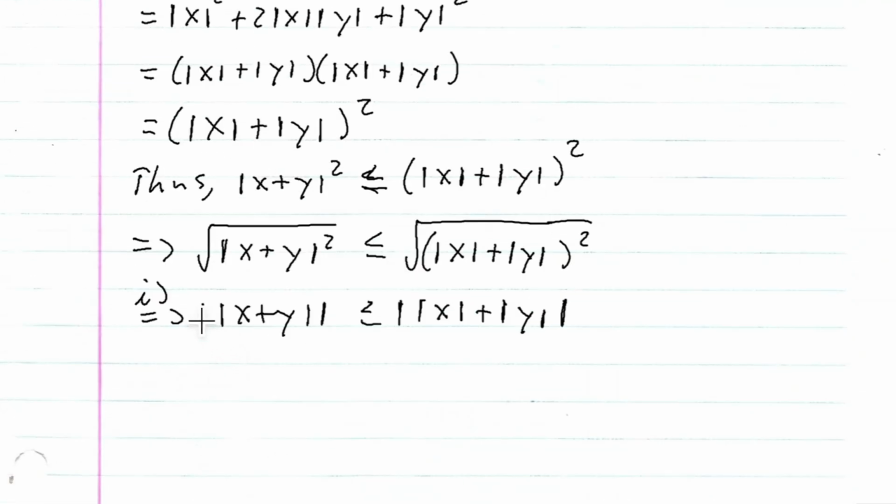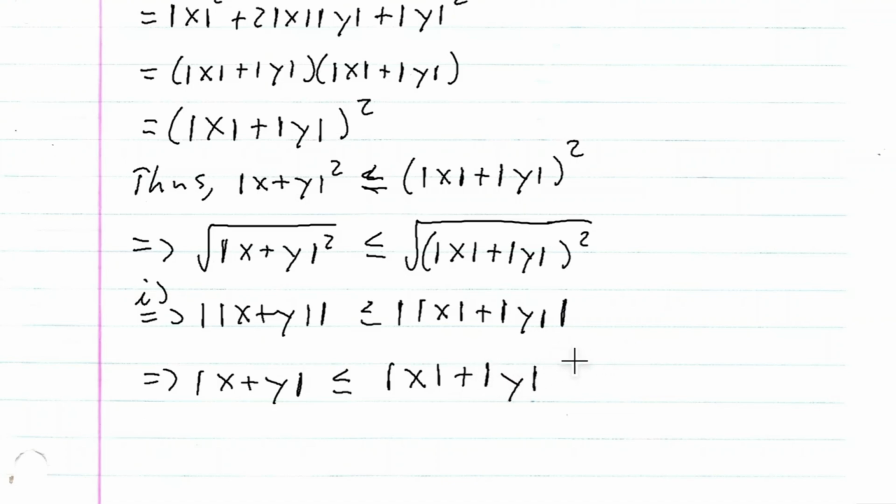The absolute value of the absolute value of x plus y is just going to be the absolute value of x plus y, because we have the absolute value of a positive number. So the absolute value of a positive number is just that positive number. And this is less than or equal to the absolute value of the absolute value of x plus the absolute value of y. Absolute value of x plus absolute value of y is positive, so the absolute value of that positive number is just that positive number.